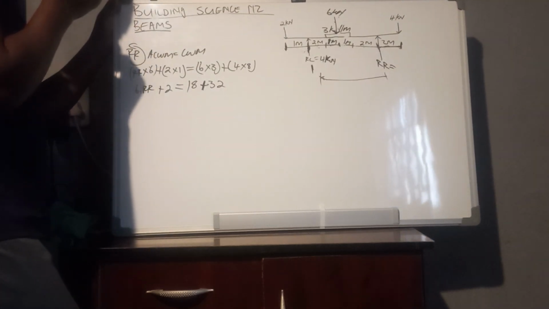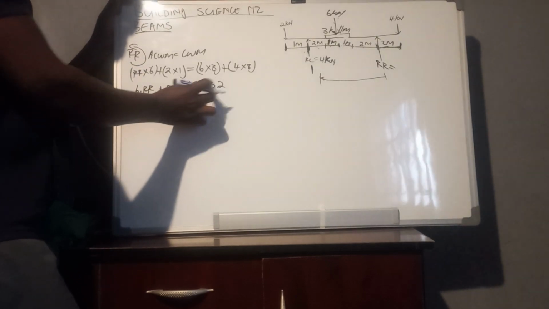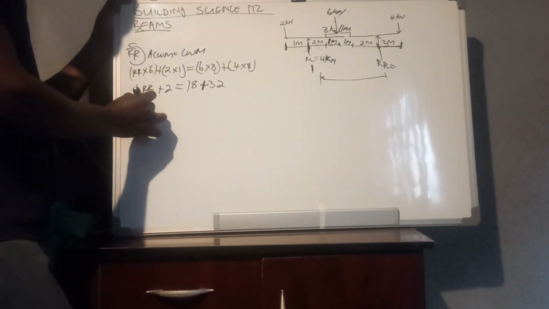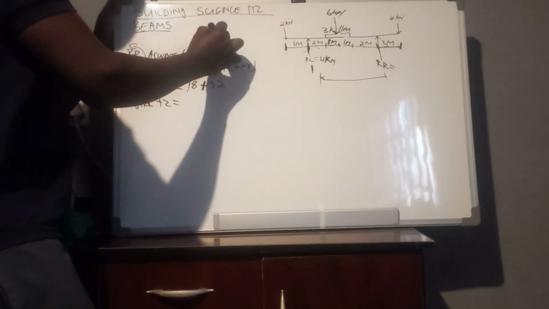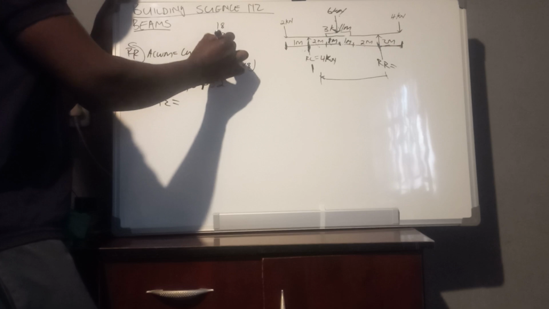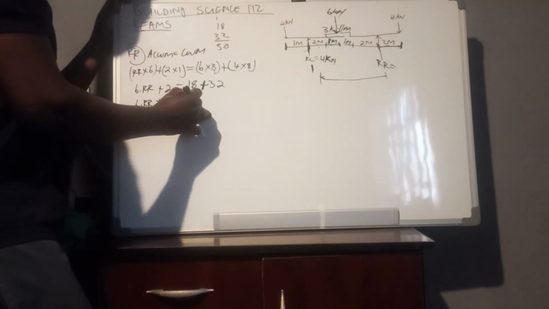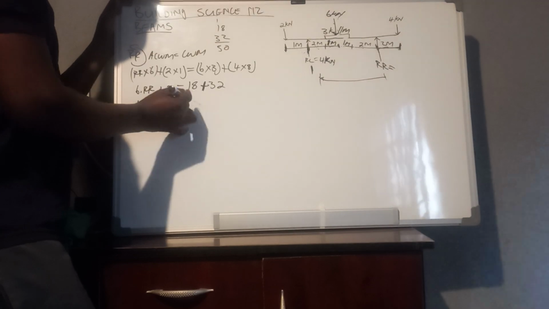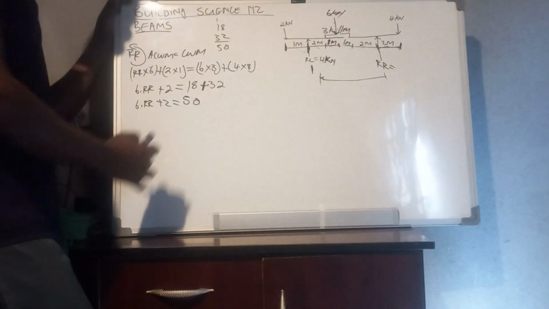Then from here, what do you do? We have to add these ones, right? Which is 6RR plus 2 is equal to 18 plus 32, which is going to be what? 50. We have 50 completely, direct 50, right?